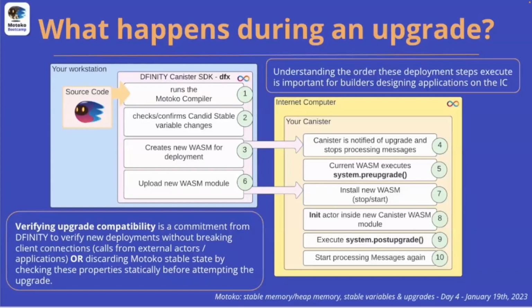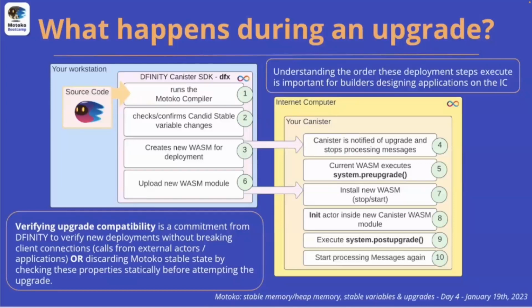And as you get your head wrapped around the order in which these things happen, it'll make it easier for you to manage your data during this transition, because Dfinity has committed to doing their absolute best through the CDK, the Canister Development Kit, to verify upgrade compatibility.